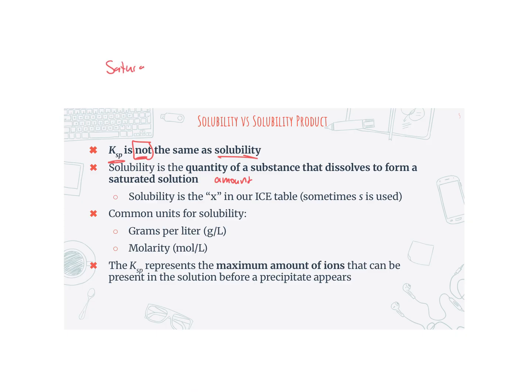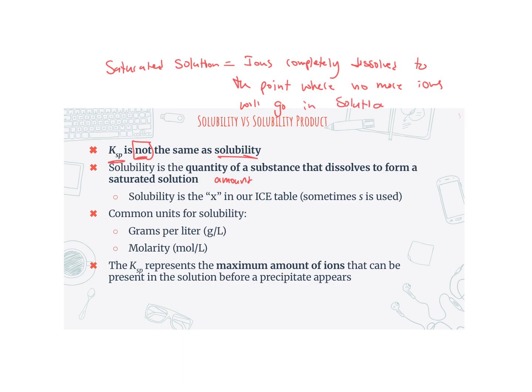Saturated solution basically means ions completely dissolved to the point where no more ions will go in solution. The idea here is, say I have a solution of salt water, I can keep putting salt in it, but eventually you won't have enough water to have IMFs with the salt, so no more is going to dissolve. That is essentially when you've reached saturation, when no more ions will dissolve.